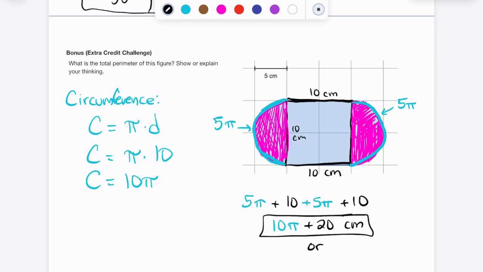Or we could do 10 times 3.14, which is 31.4 plus 20, so it's about 51.4 centimeters. Okay, so it's a little confusing, but if we understand the idea of perimeter and the idea that the circumference is the same as the perimeter of a circle, then we're just going to add those different perimeters together.